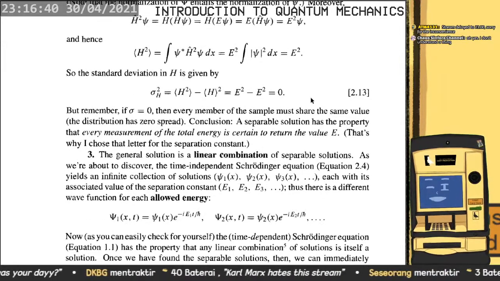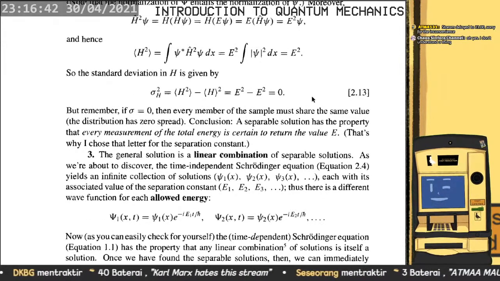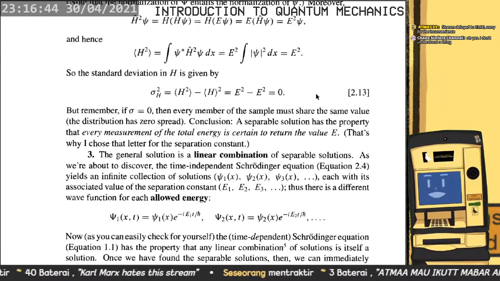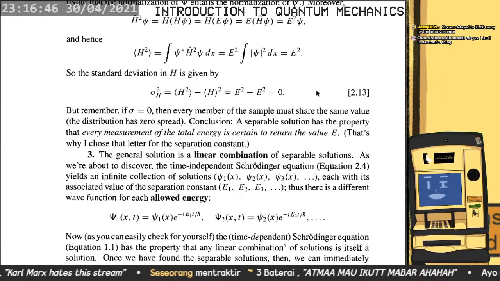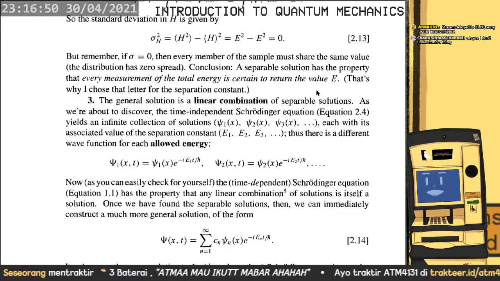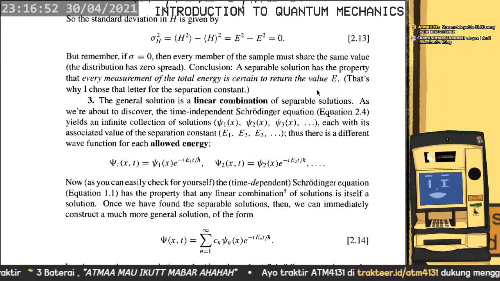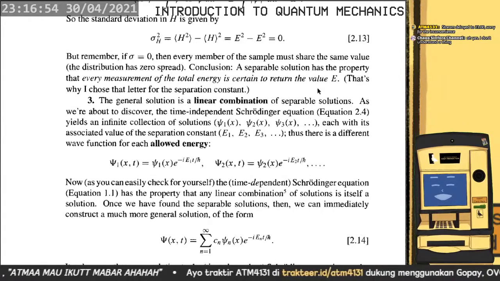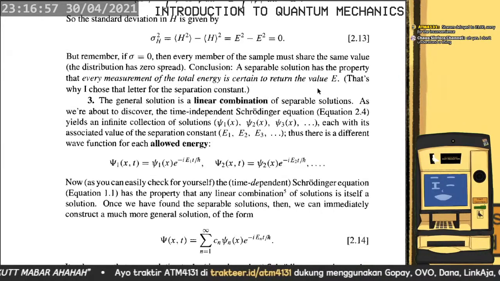Conclusion: a separable solution has the property that every measurement of the total energy is certain to return the value E. That's why I chose that letter for the separation constant. 3. The general solution is a linear combination of separable solutions.